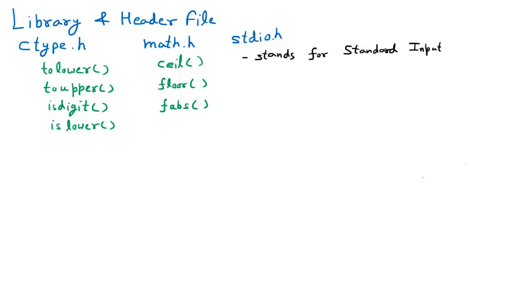Means this header file is going to take the input and output, and from very first day we are going to use this header file for printf and scanf functions.